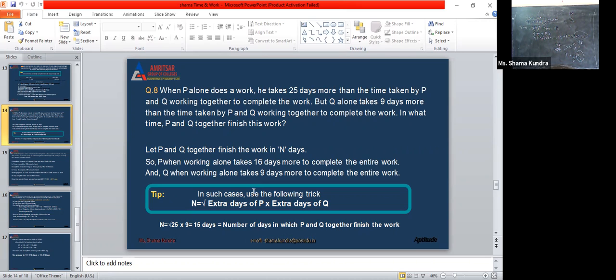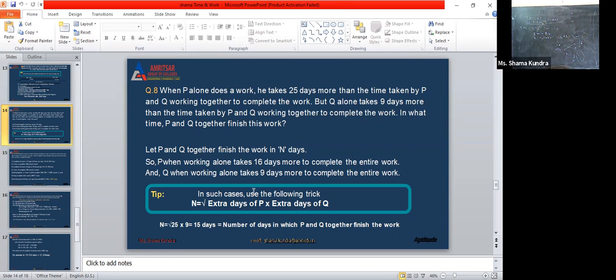When P alone is doing the work, P takes 25 more days than the time taken by P and Q working together.